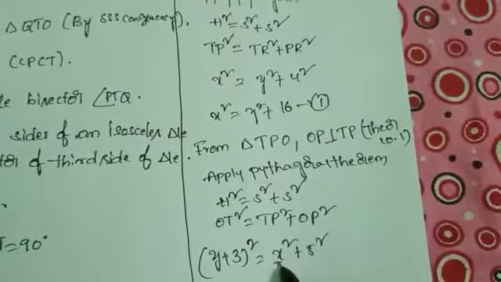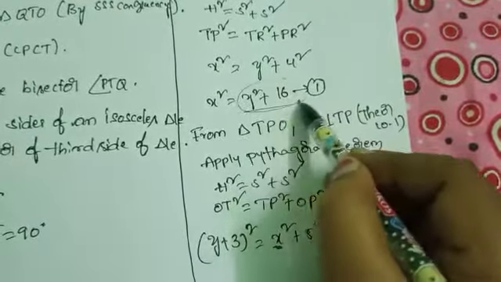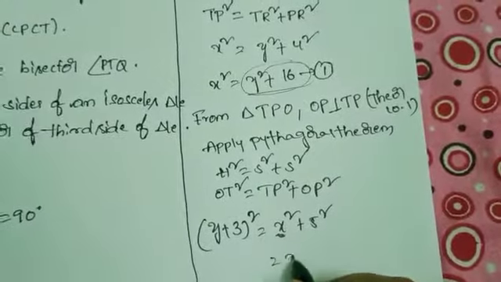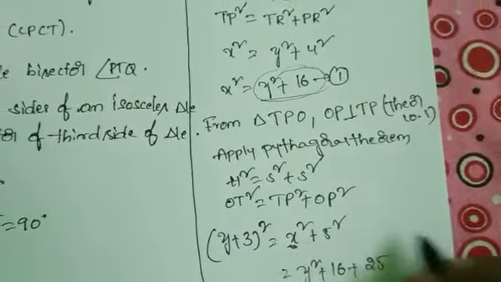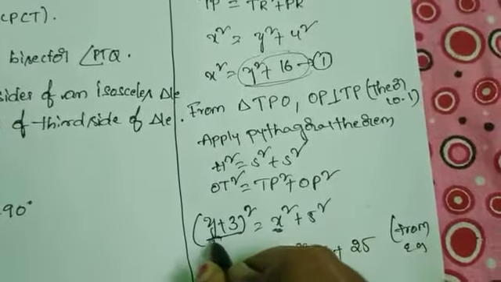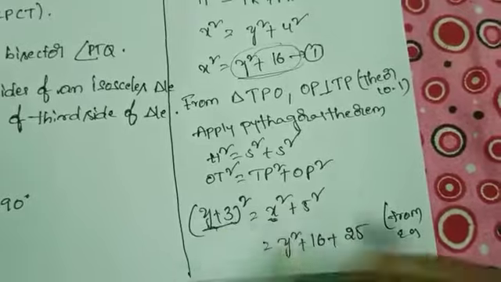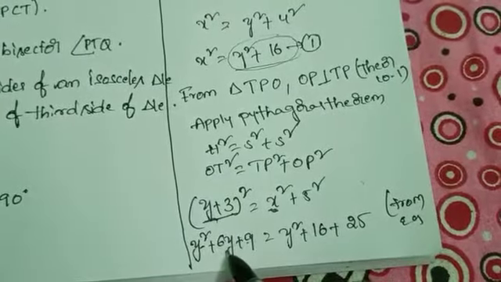In place of X square, we substitute Y square plus 16 from equation 1. Y square plus 16 plus 5 square, which is 25. Y plus 3 whole square is like (a plus b) whole square, a square plus b square plus 2ab.